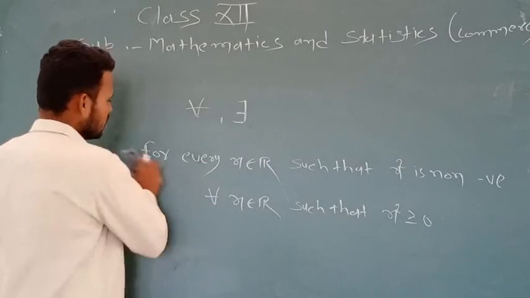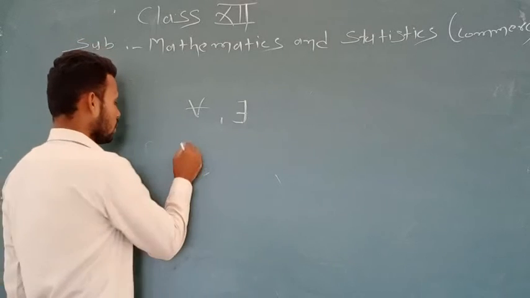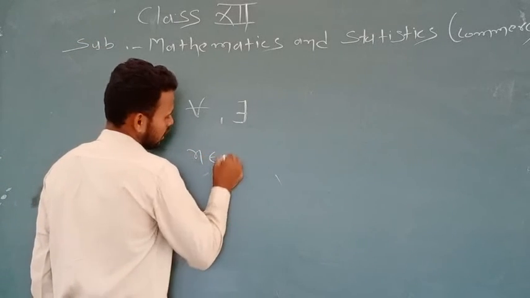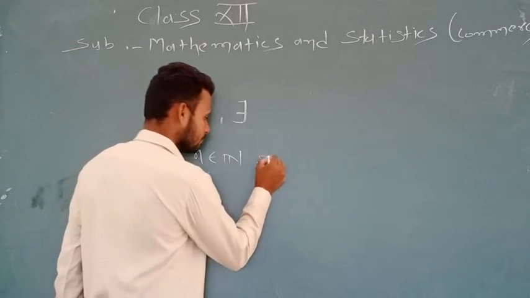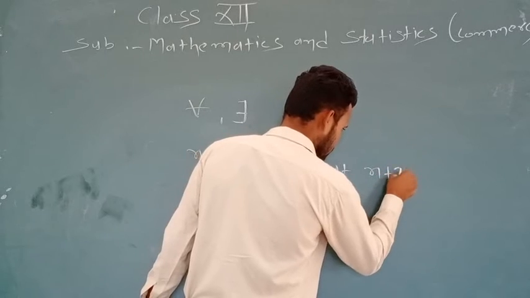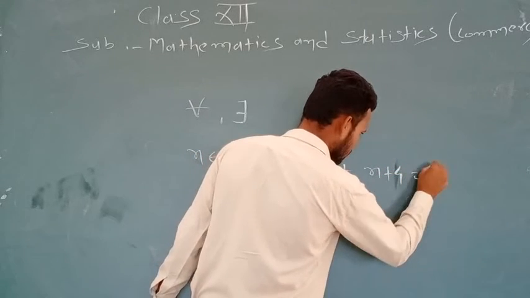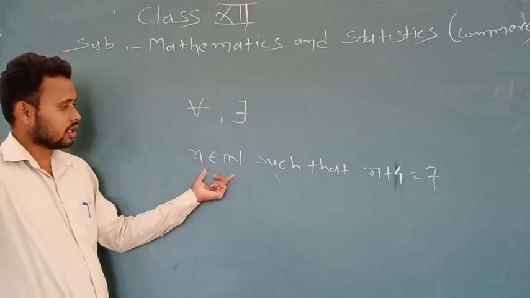Another example: for x belongs to natural number such that x plus 4 is equal to 7. This is also a sentence.